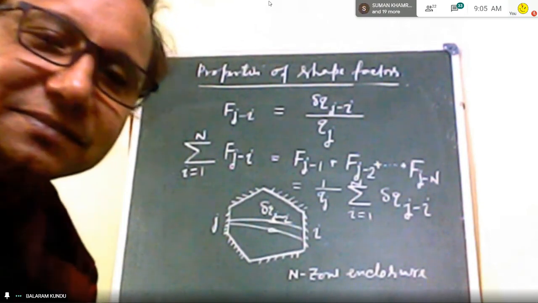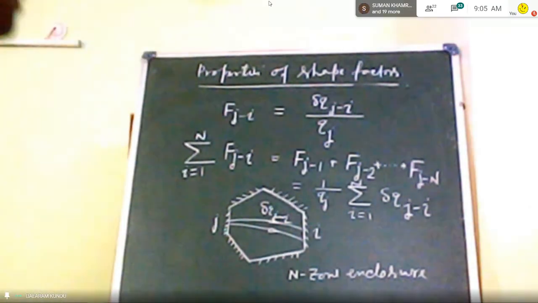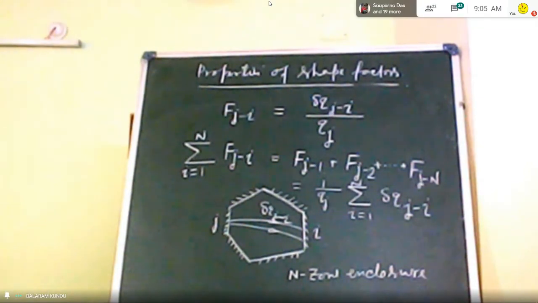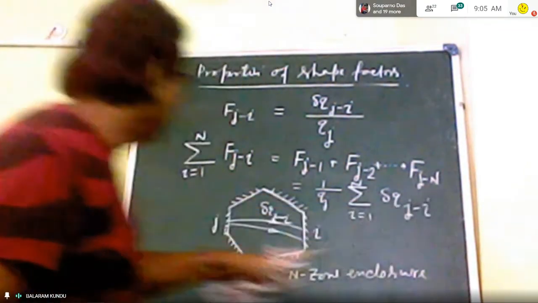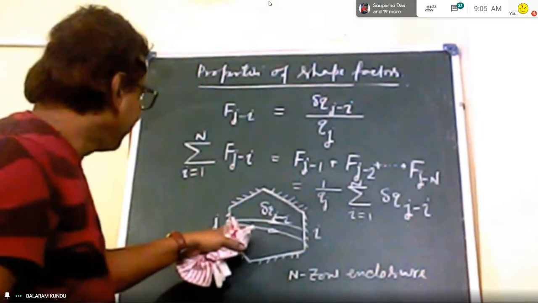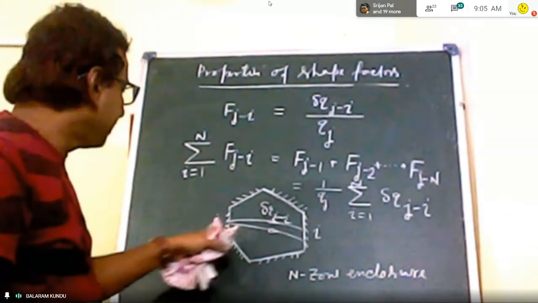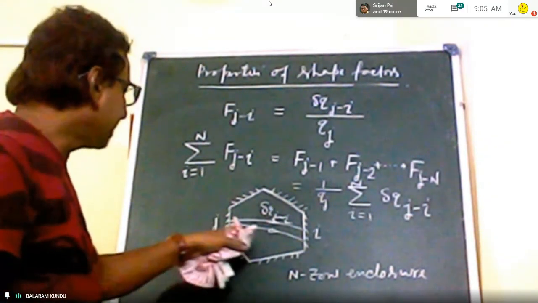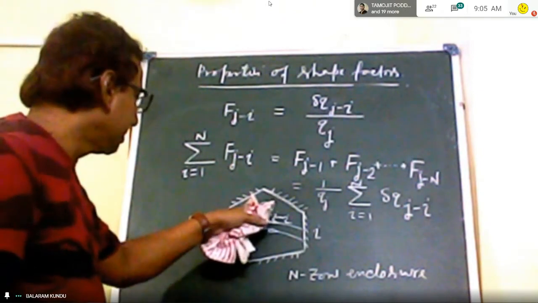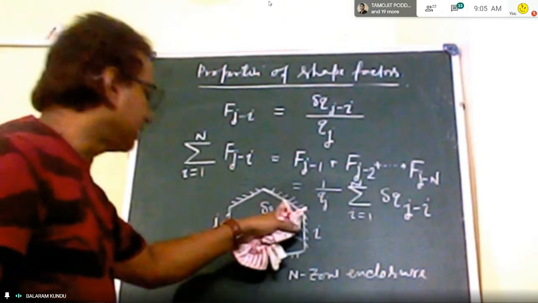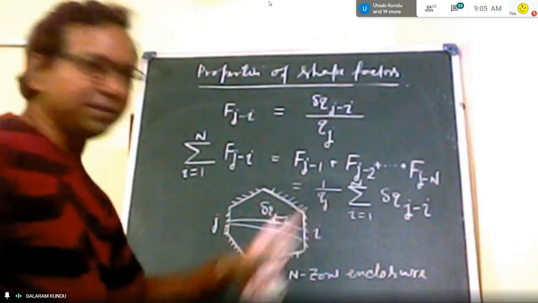Del Q J to I means radiation energy emitted from the J surface that strikes surface 1, that strikes surface 2, that strikes surface 3, like this.